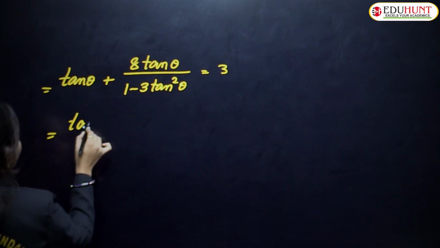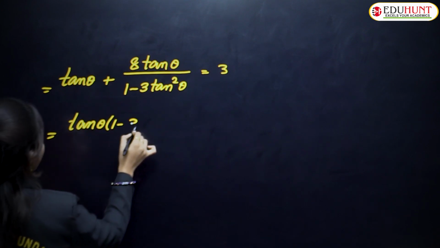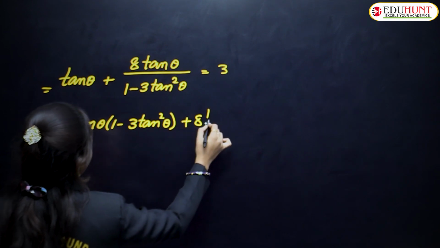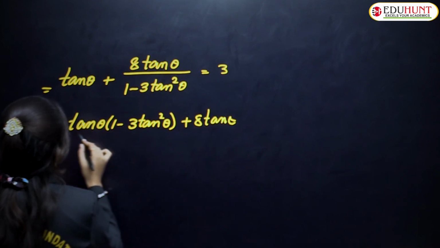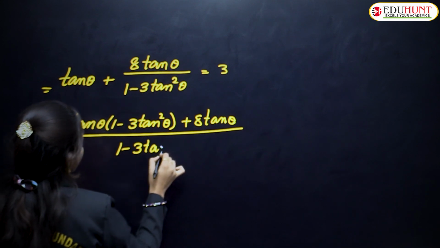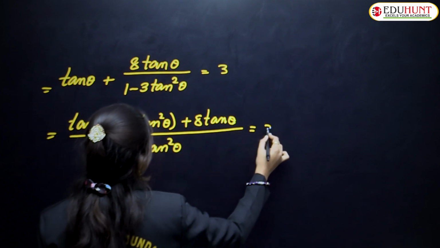So tan theta into 1 minus 3 tan square theta plus 8 tan theta whole by 1 minus 3 tan square theta is equal to 3.